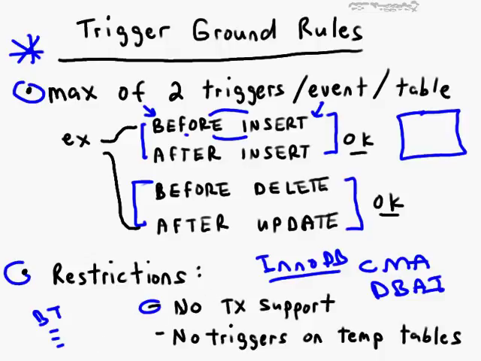However, you cannot do that in a trigger. Another thing is that you can't create triggers on temporary or in-memory tables. You can only apply triggers to real live, full-fledged 100% USDA approved tables.